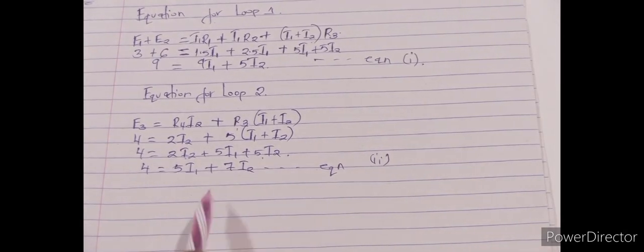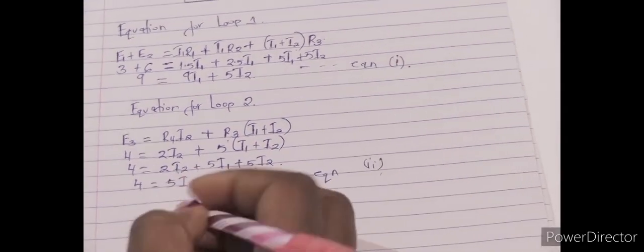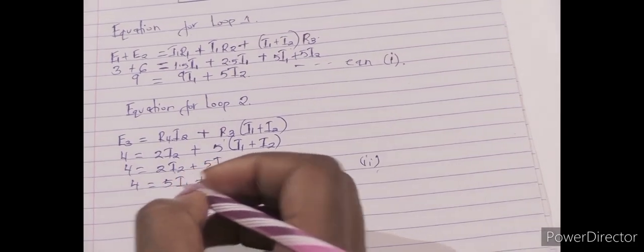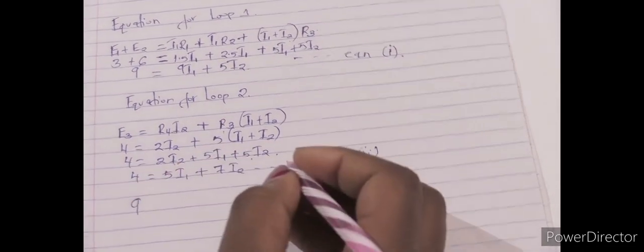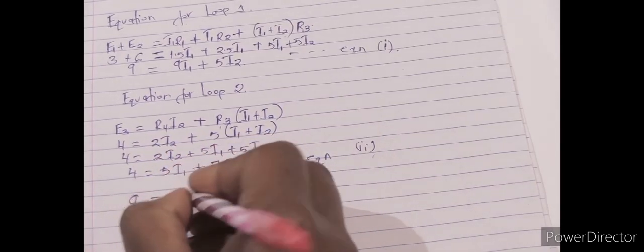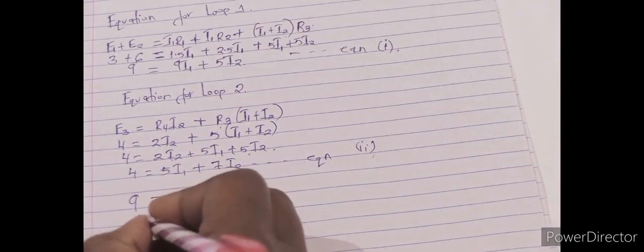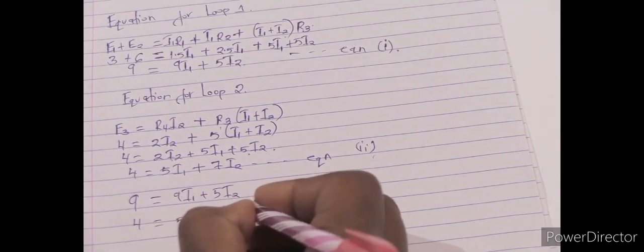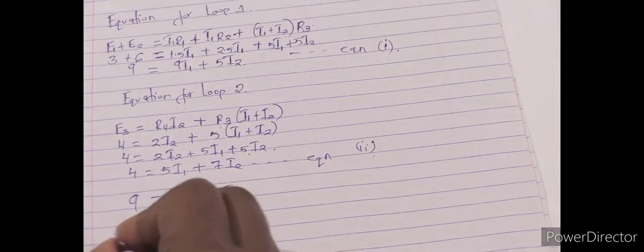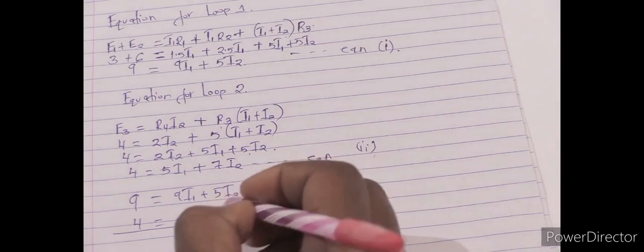So we solve these two equations simultaneously, either by elimination or substitution. So we have 9 is equal to 9 I1 plus 5 I2, and 4 is equal to 5 I1 plus 7 I2.